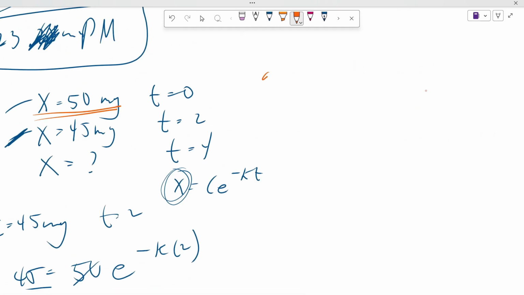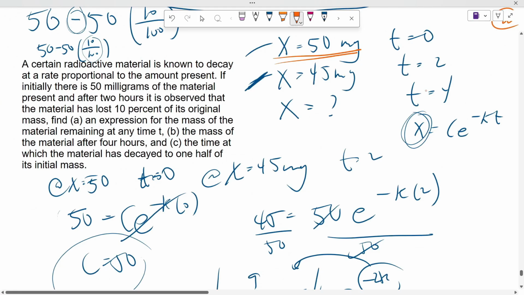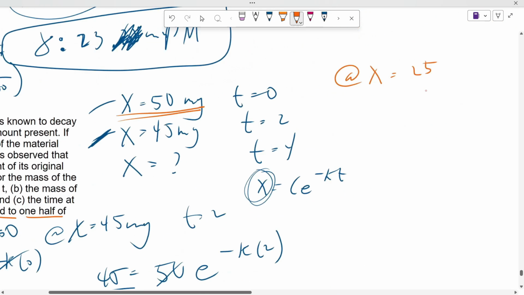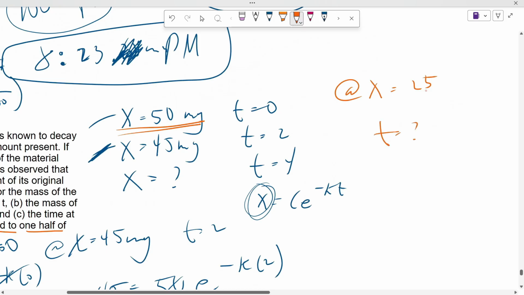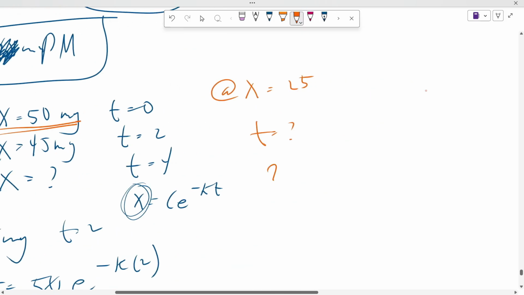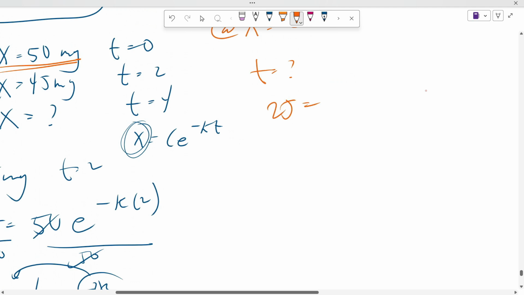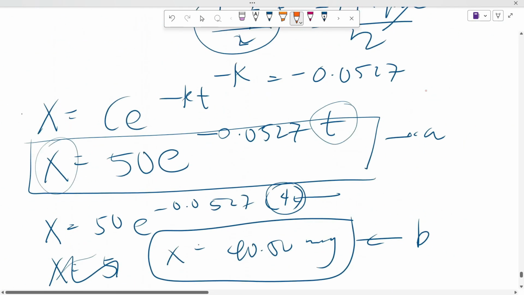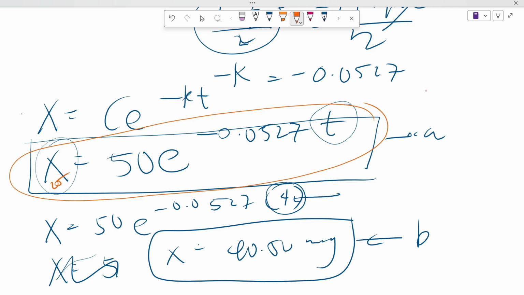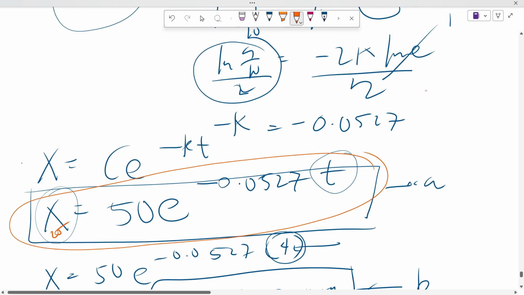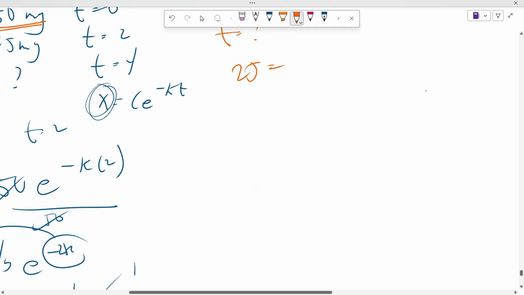Sinabi sa problem, ngalahati, the time at which the material decayed to 1/2 of the initial mass. X is 25 yun guys. Then copyin mo lang yung general equation natin na pinasagot kanina sa letter A. Palitan mo lang ng 25 yung x. So 25 equals 50 e raised to negative 0.0527 t.